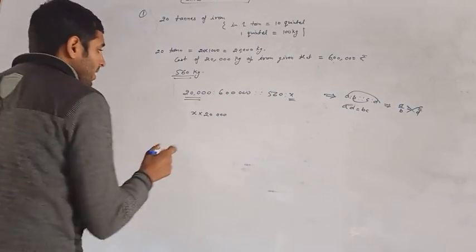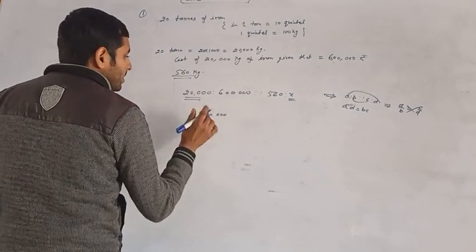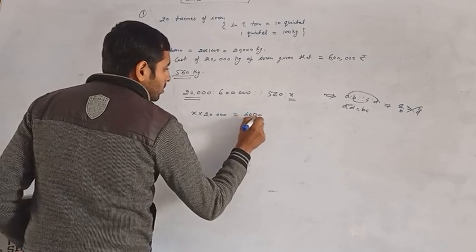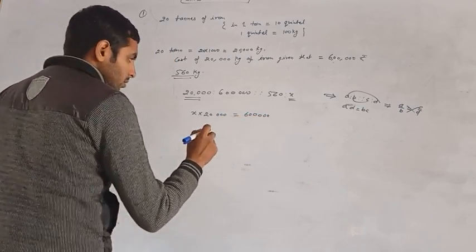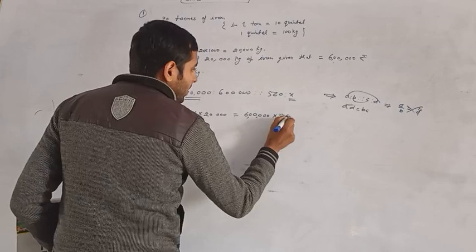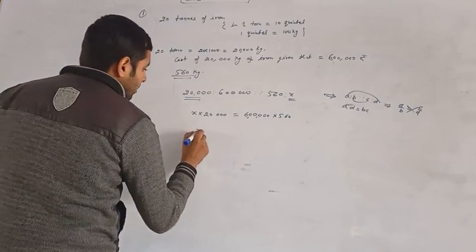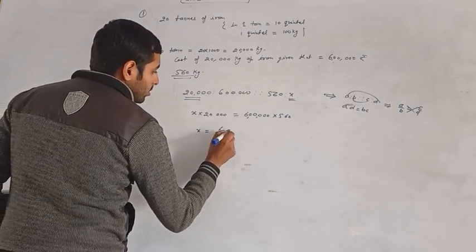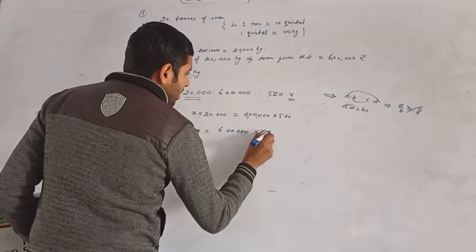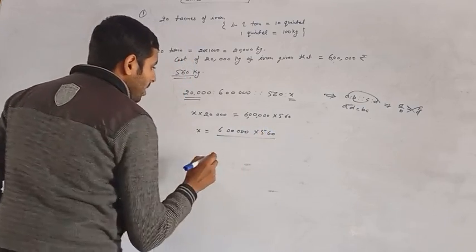So x into 20,000 is equal to 6 lakhs into 560. Then x is equal to 6 lakhs into 560 upon 20,000.